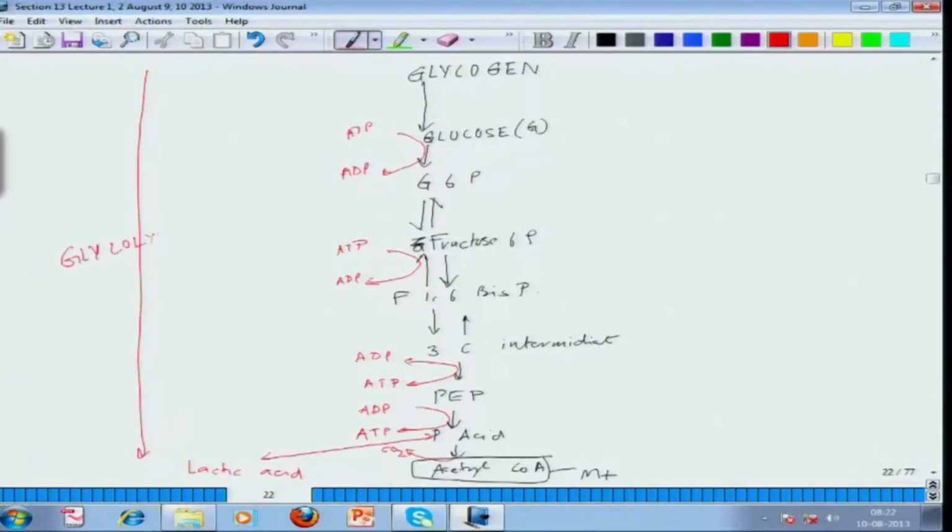So this is pretty much how the whole glycolysis runs. When we talk about gluconeogenesis, we are essentially talking about a reverse mechanism. It will move like this. What is essentially happening is that amino acids are also involved, which could be transformed into carbohydrates.